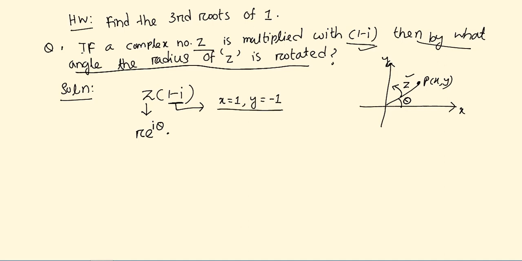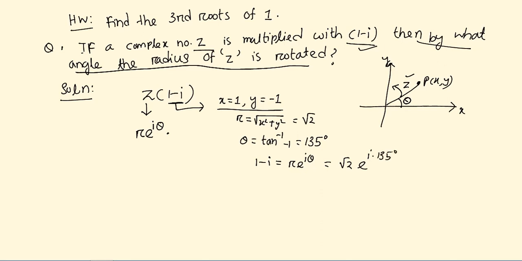So these are the Cartesian coordinates, and we can convert into polar coordinates by using the formula r equal to square root x square plus y square, that is equal to root 2, and theta equal to tan inverse -1, that is equal to 135 degree. So we can write 1 minus I in polar form, that is r e to the power I theta, this is root 2 e to the power I into 135 degree.